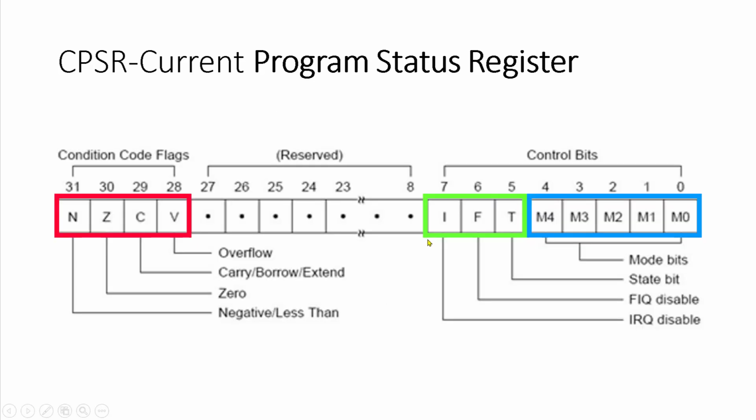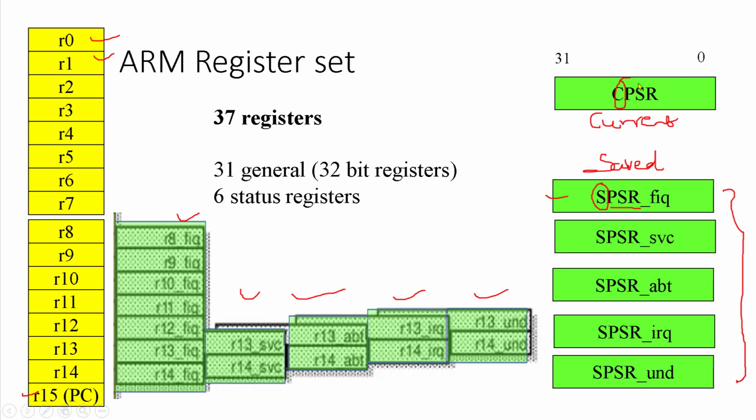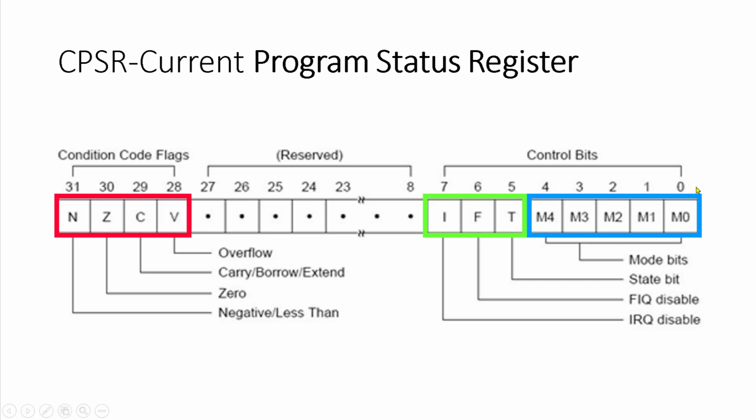So we'll have a look into this program status register. Here a program status register is given. As I told you, any program status register will have a size of 32 bits, from 0 to 31. This is the 0th bit and this is the 31st bit, a total of 32 bits.